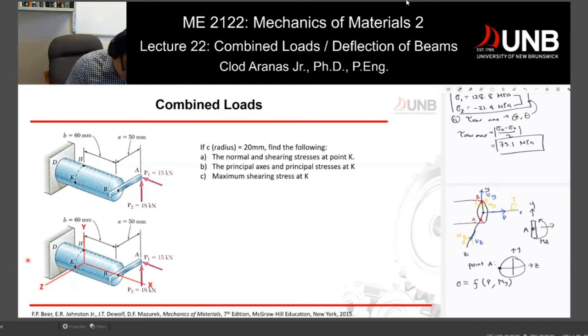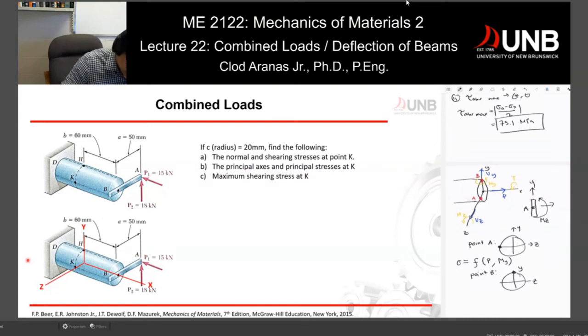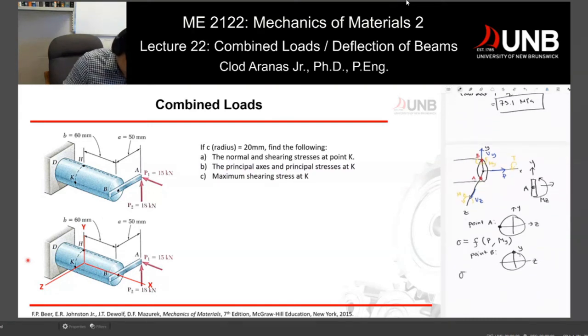Now, if you look at point B, it's the other way around. Your point B would be this one here on the top, that's Z, and that's Y. At point B, your stress is a function of P and M sub Z, but not M sub Y. If you're looking from the top, let's keep this axis Y and X right here.